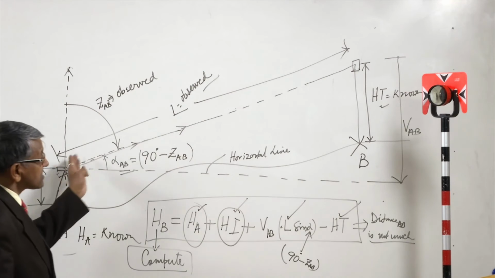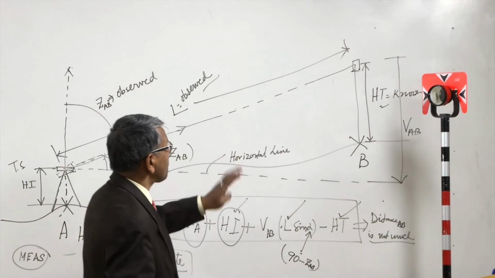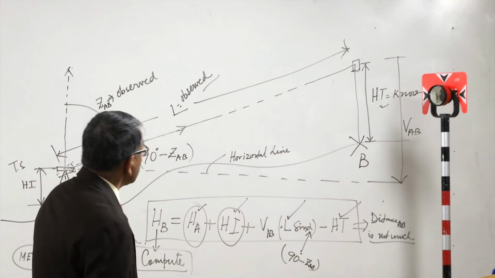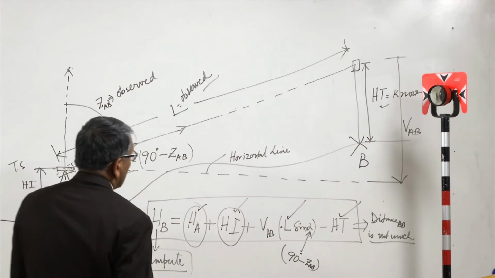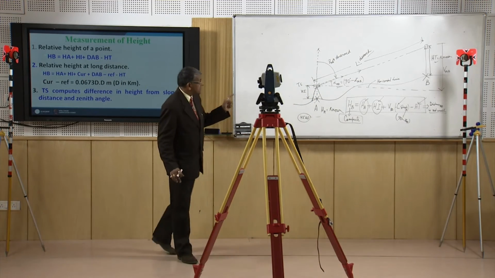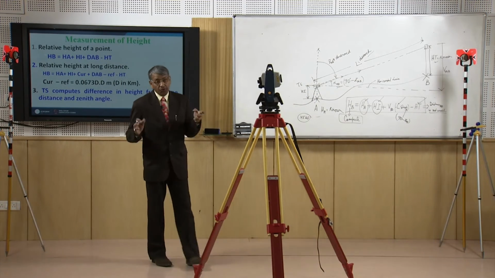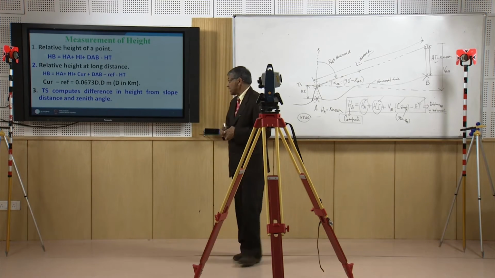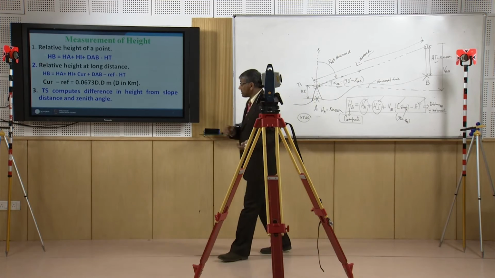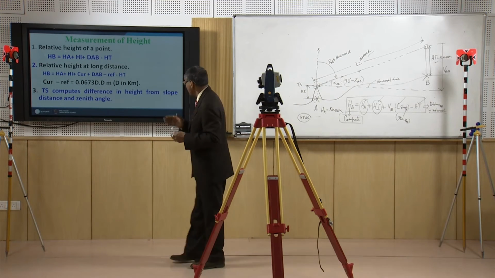If the distance is more, then the line of sight gets curved due to the curvature of the earth, and we also get refraction. So, when the distance between station A and B is far off, we need to consider the line of sight not as horizontal or linear, but as a curve.